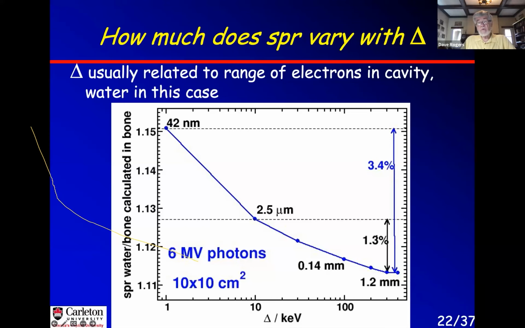I mean, the extreme of 3.4% isn't relevant. We're never talking about 42 nanometers, but this becomes close to the range that people would experience or expect. So again, this is being very pedantic about a specific point.